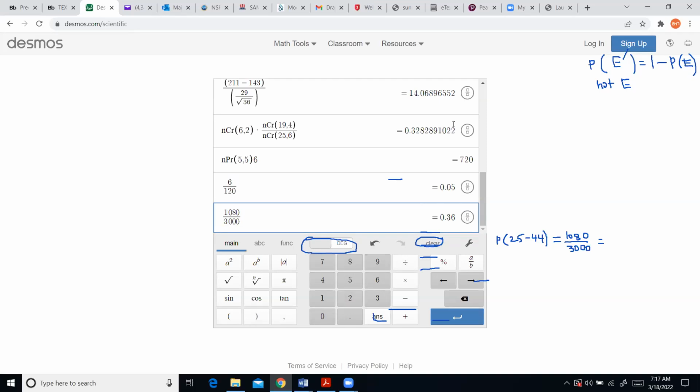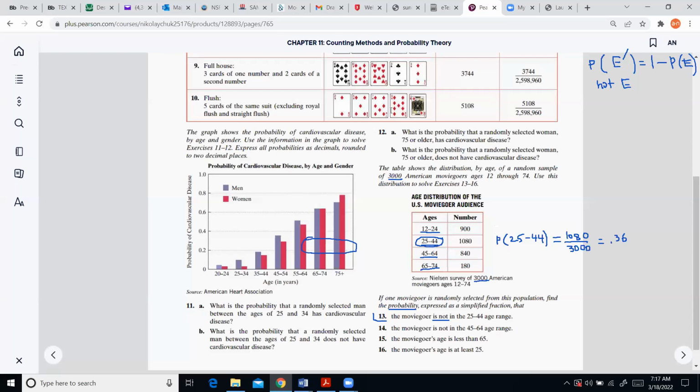And you will ask me, Alex, why did you find this probability? Because they're asking you for not. If you look at the actual question of exercise, problem 13, they say, find the probability of not that.